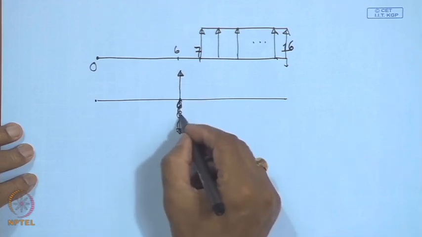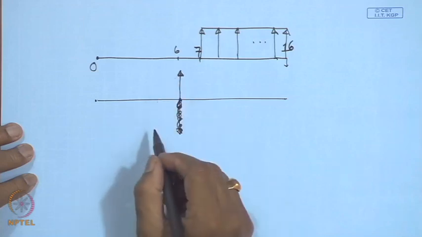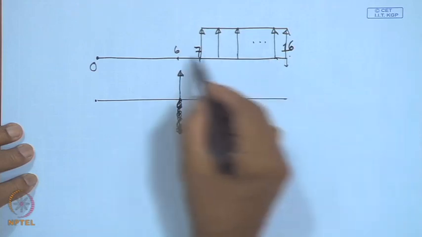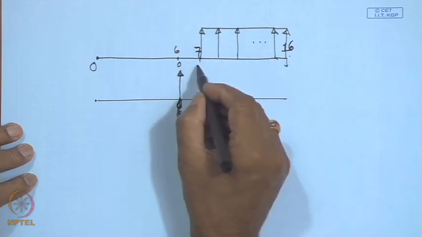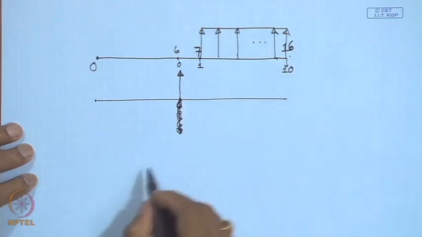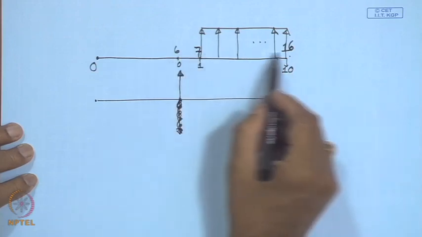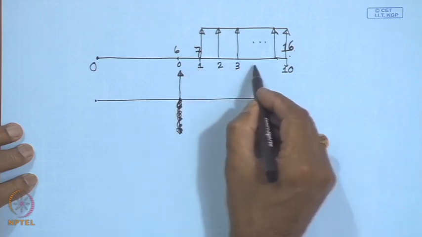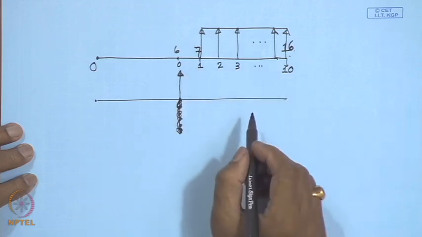Because this is a receipt, it will be pointing upwards. So, this is equivalent to writing 0 here, 1 here and 10 here. So, instead of 6, 7 through 16, we can write 0, 1, 2, 3 and like this 10.